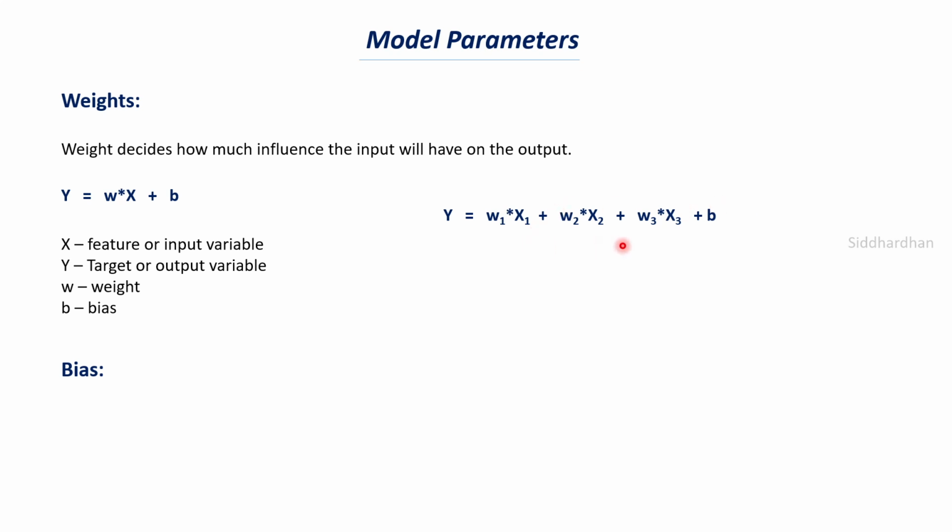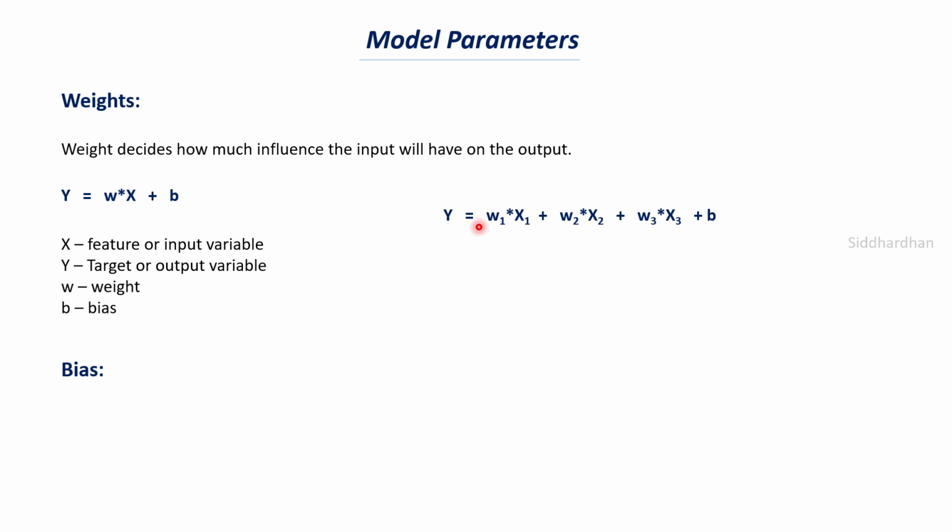The number of weights will be equal to the number of features that you have, and bias will be a single value. Weight can be an array. If you consider w1, w2, w3 and so on, all these weights can be considered as an array, whereas b will be a single value.